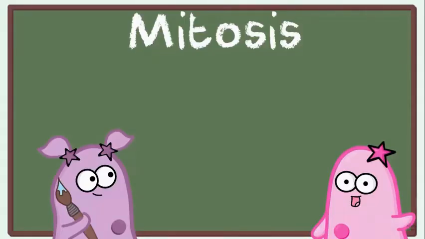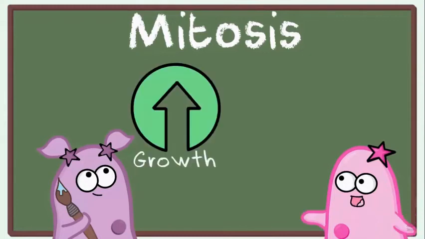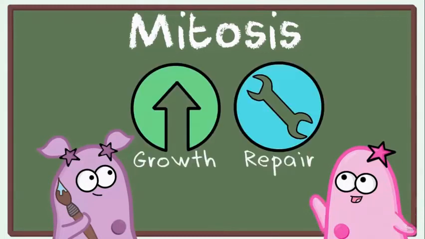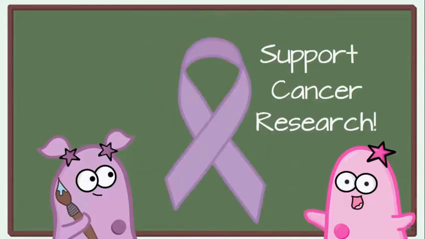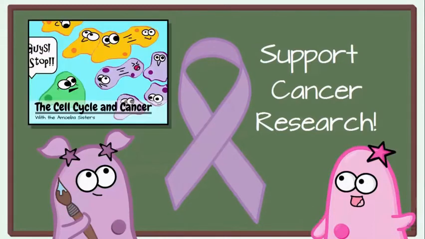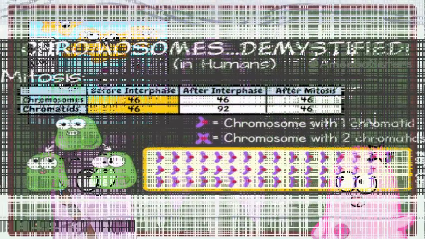Without understanding cell division, we wouldn't understand how growth and repair happens because they both require more cells to be made. Understanding mitosis is also very important for cancer research. Cancer itself is uncontrolled cell growth. So, in other words, uncontrolled mitosis.